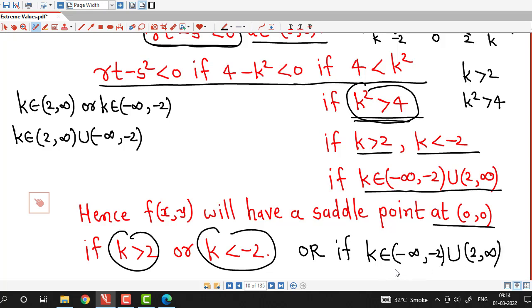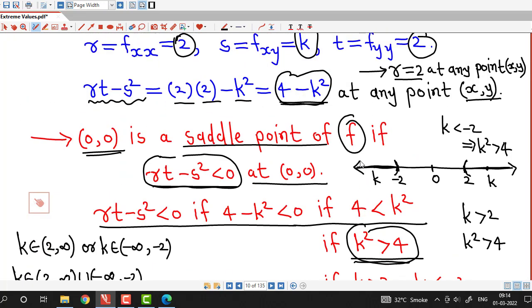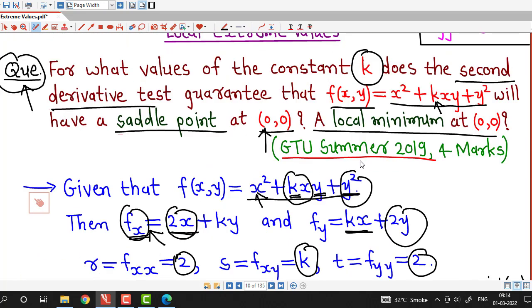For values of k inside this set, f(x,y) will have a saddle point at 0 0. So this is the answer to the first question, that f(x,y) will have a saddle point at 0 0 if k is in this interval minus infinity to minus 2 union 2 to infinity.